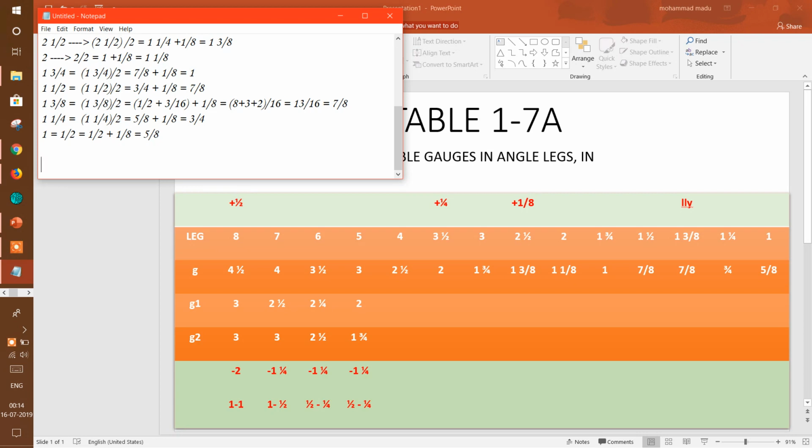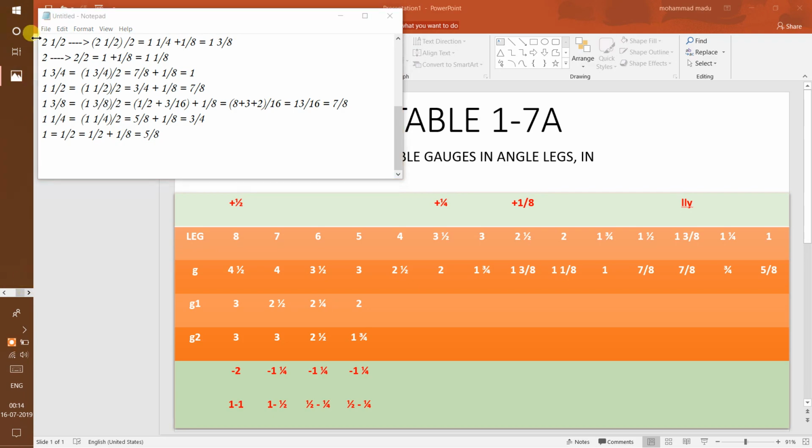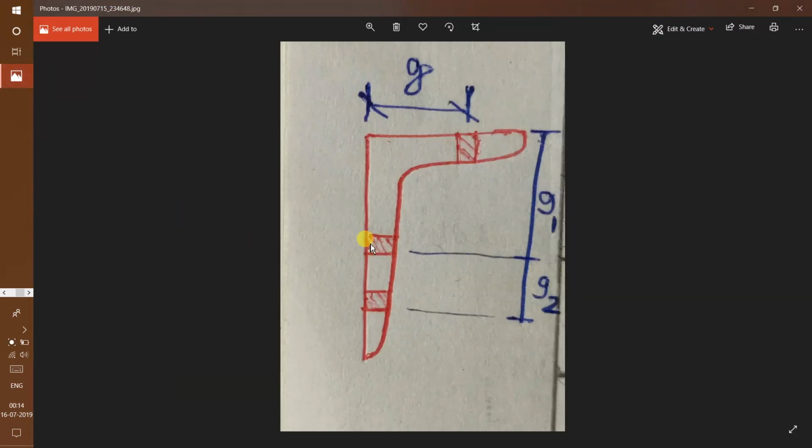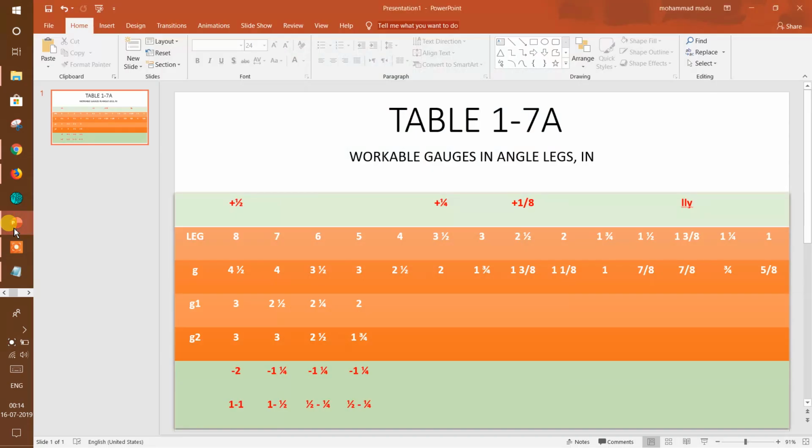In G1 and G2, from flanges, you can see from flanges G1 and G2, and the extra bit of this, from the last bolt to the edge of this leg, this I'm going to minus. I just write gauge 2, gauge 1 like that, in descending order.